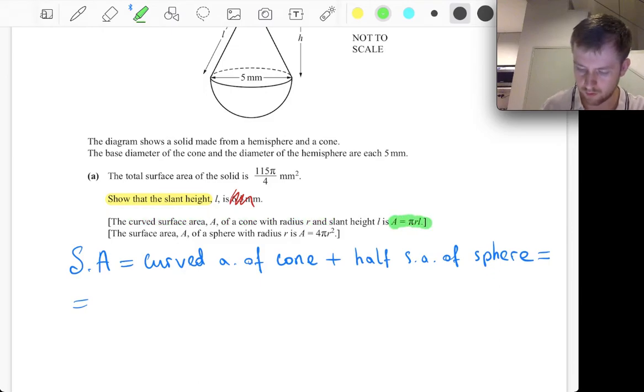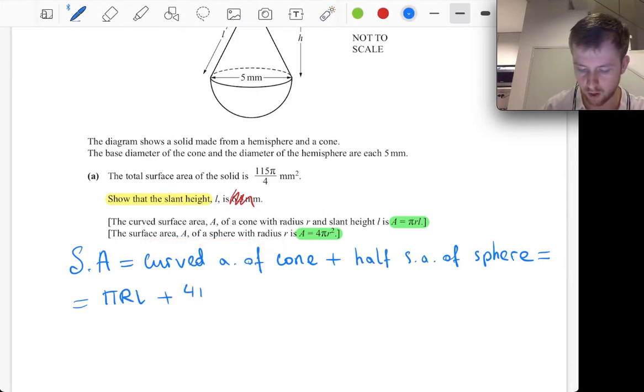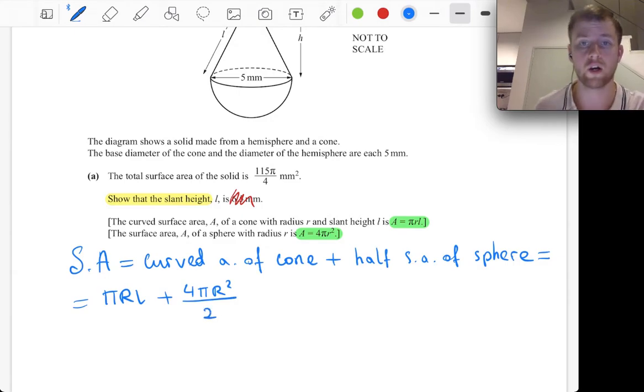You see, this is for curved surface area. This is for a sphere. All right, so here we go. So pi r L plus, remember they give you the full area of the sphere. You only need half of that. So basically 4 pi r squared over 2, right, which just becomes 2 pi r squared in the end.